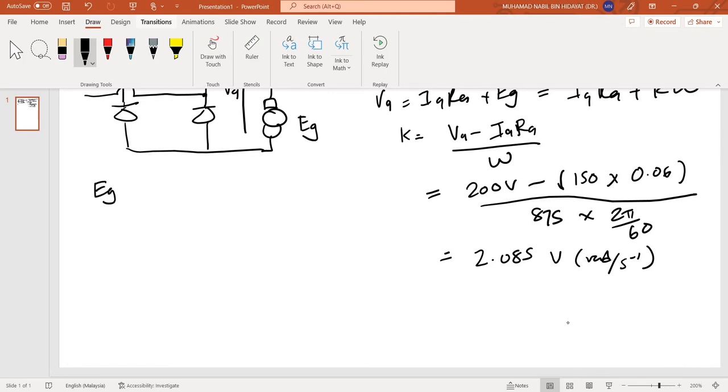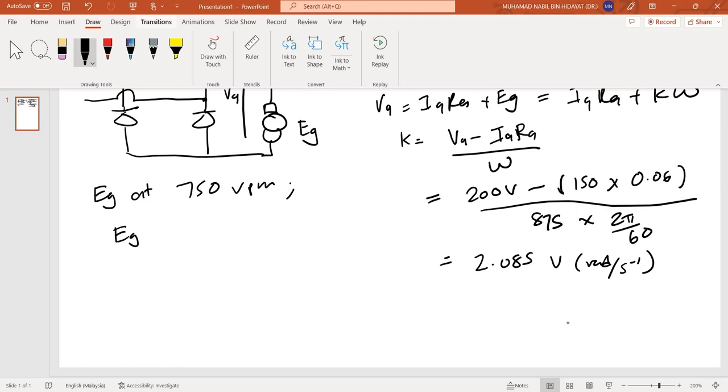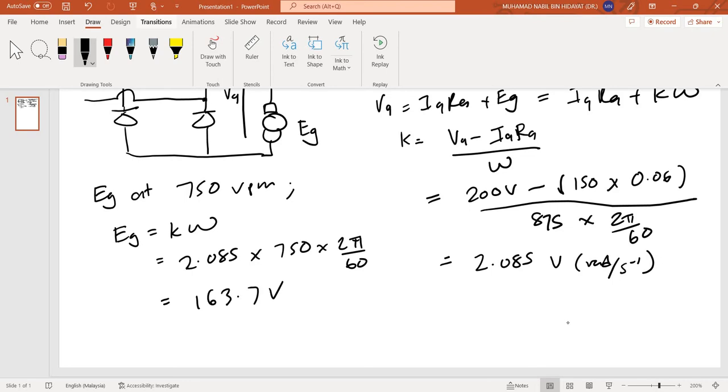So EG at 750 RPM, you can put it in the equation: 2.085 times 750 times 2 pi over 60. So it's 163.74.